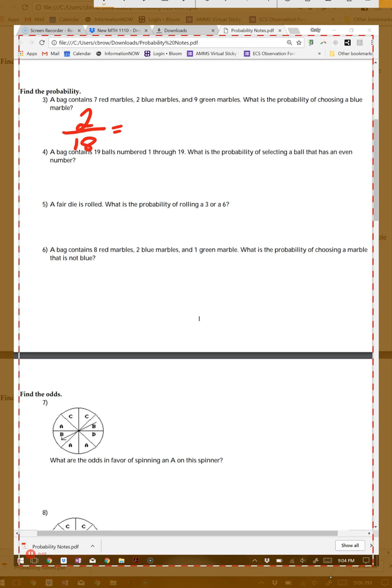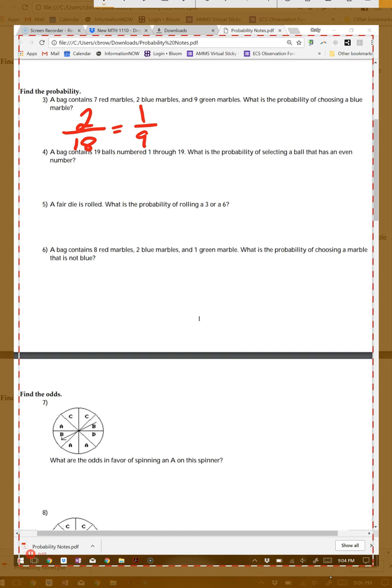Now of course we'd reduce that to 1/9. And so what that means theoretically is that 1 out of 9 times when you draw a marble out of this bag, it should be blue. Okay, and so that's just basic and simple theoretical probability.